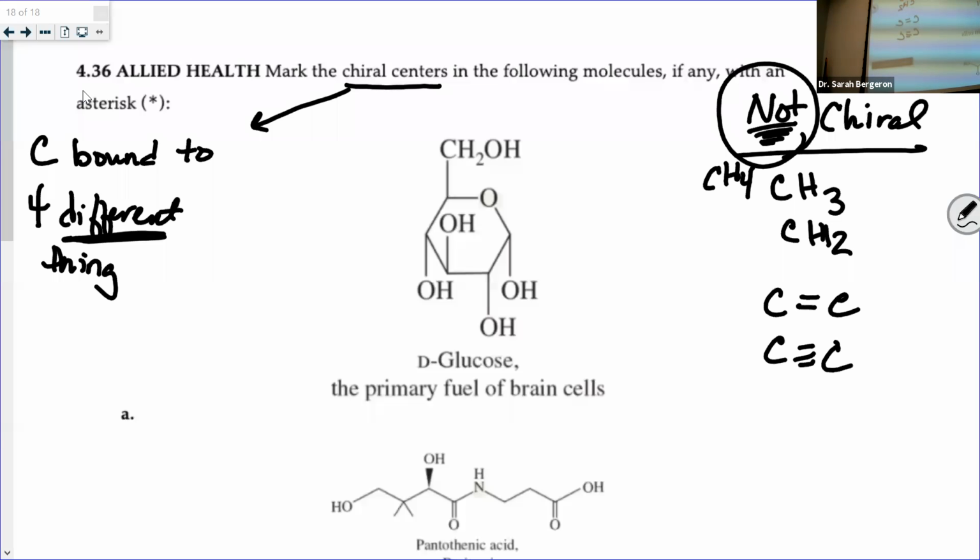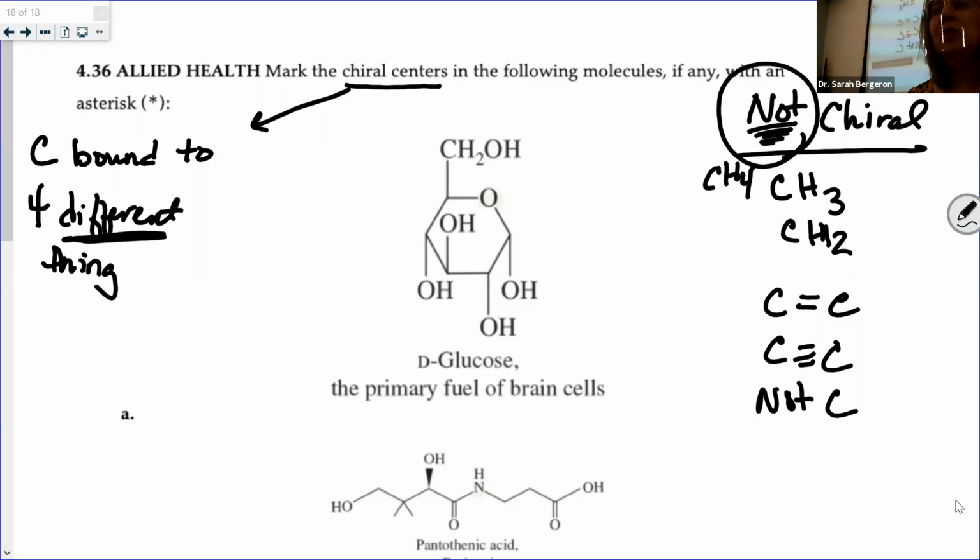And then, oh, I did kind of miss one. Anything that's not carbon, right? Elements that are not carbon. So this is your little cheat sheet. So you know what's not chiral. Then it's going to be easy for us to go in and eliminate the things that are not chiral. And what you're left with are the chiral atoms.